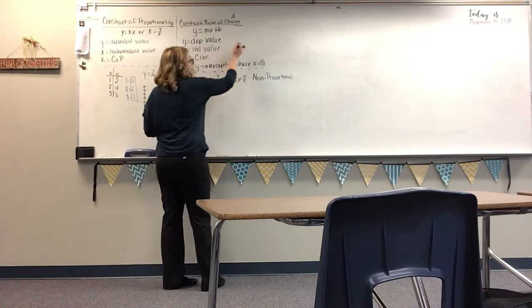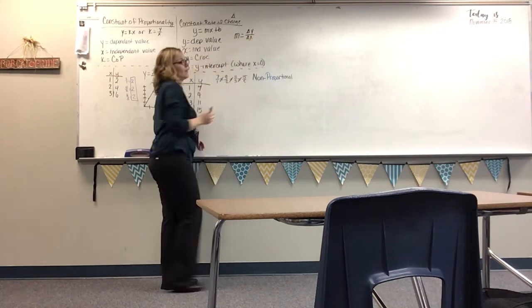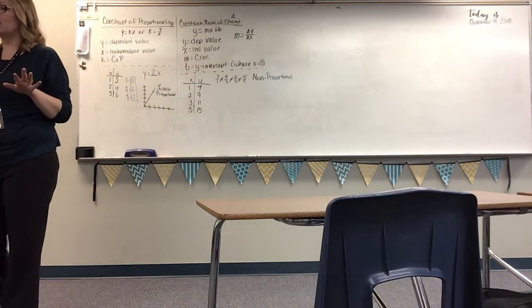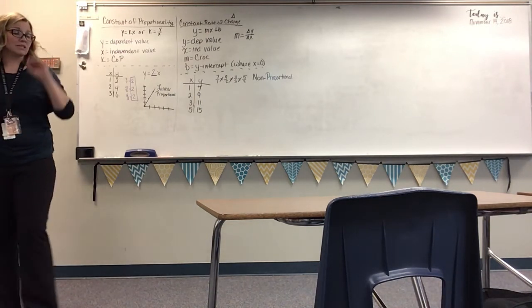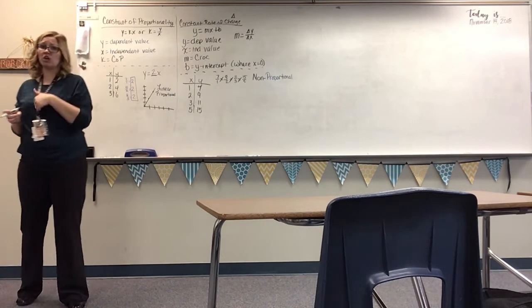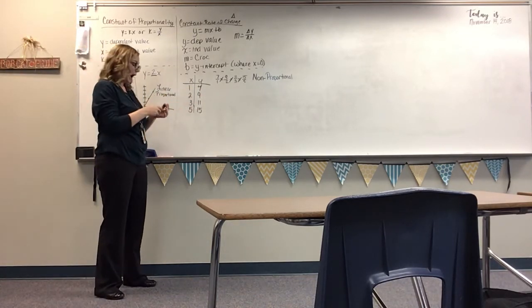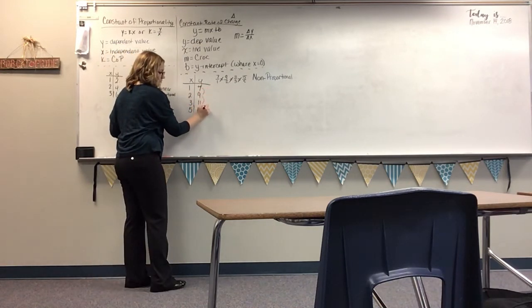So we say that the rate of change is the change in y over the change in x. It's not just y over x. That's constant of proportionality. I don't so much care what x and y are. I care what the difference between them are.